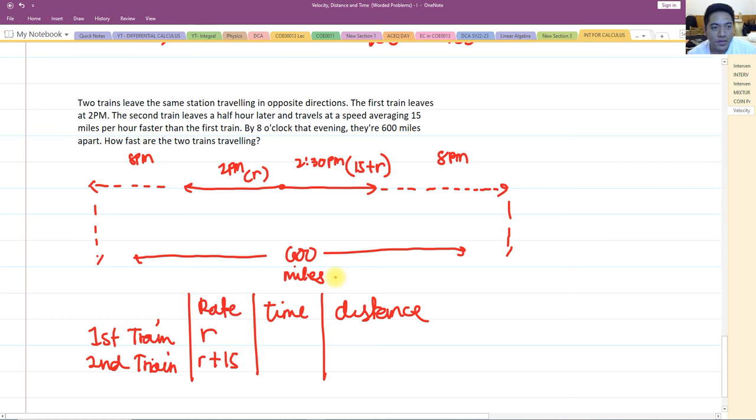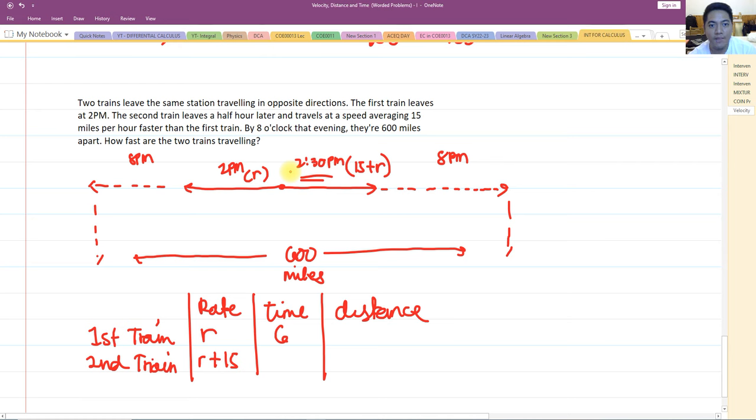And for the time, the first train leaves at 2 p.m., and after 6 hours, it's 8 p.m. So it has traveled 6 hours by 8 p.m. Now, the second train leaves half an hour later, so 2:30 p.m. it leaves.